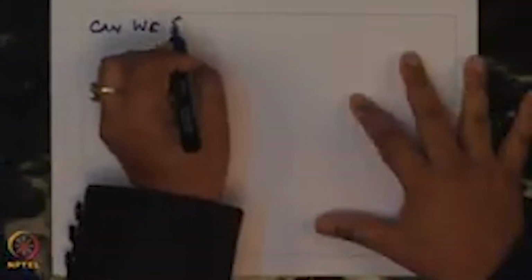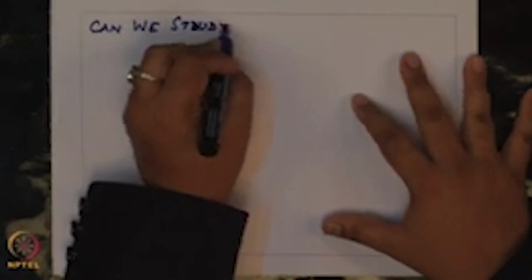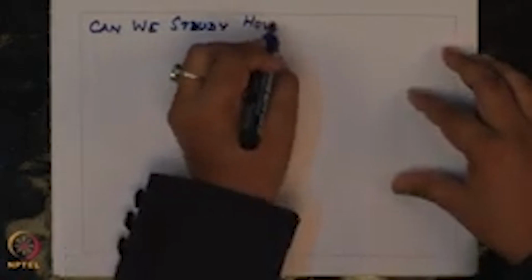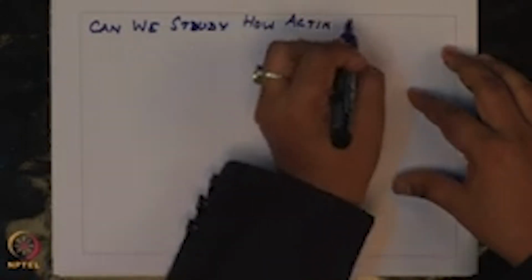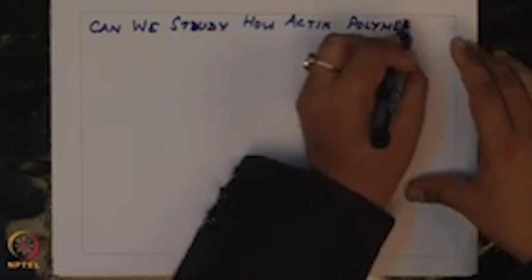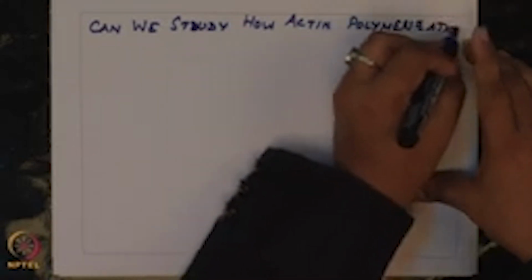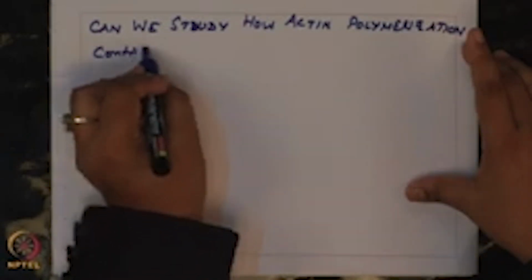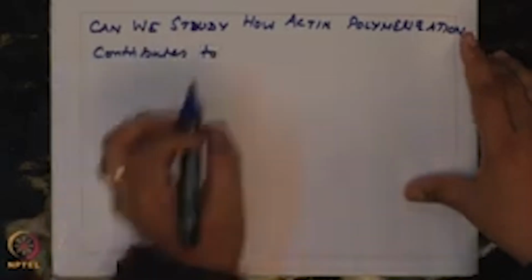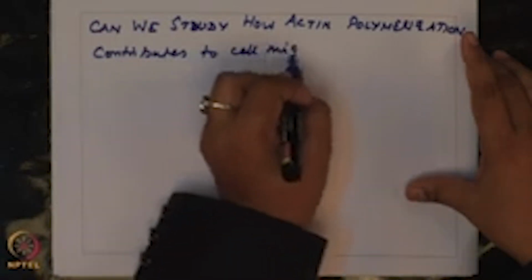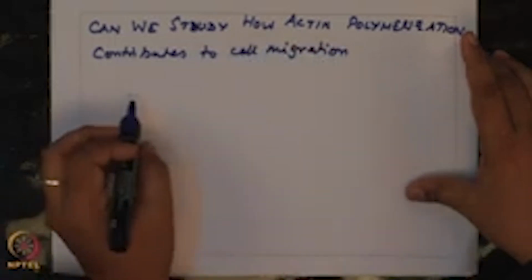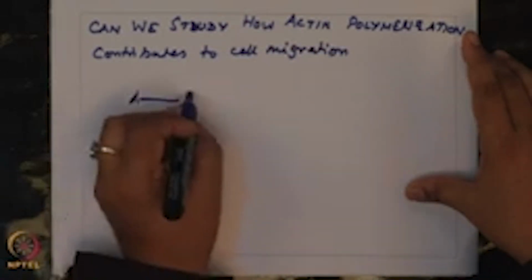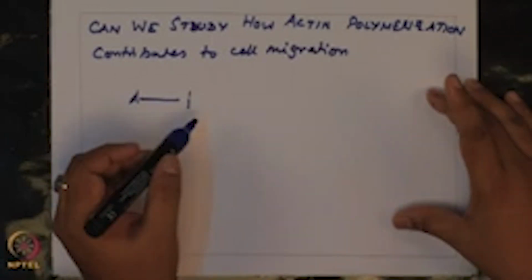Now, the question for today is, can we study how actin polymerization contributes to cell migration. So, it is obvious that if you have a filament against a wall, so what is the wall in case of a moving cell?